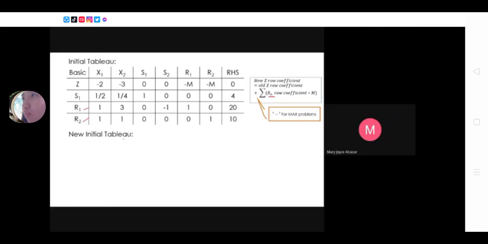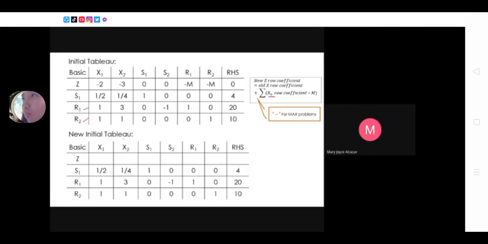The new initial tableau is just the same as the initial tableau except for the values under the zero row. So you will find new values that will be placed in the zero row using this equation.